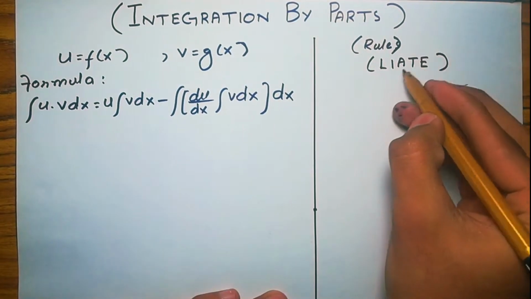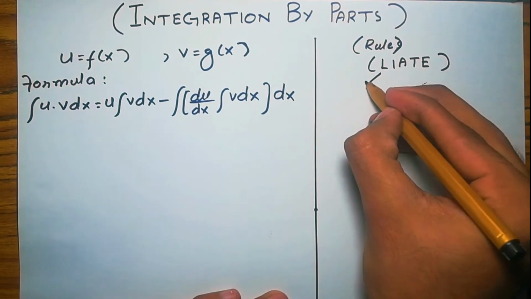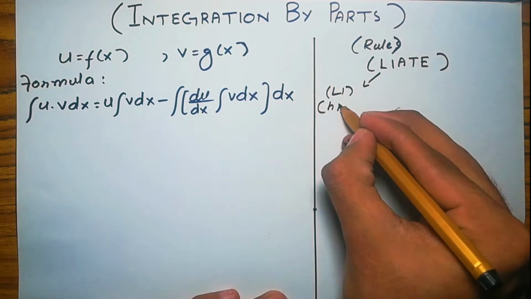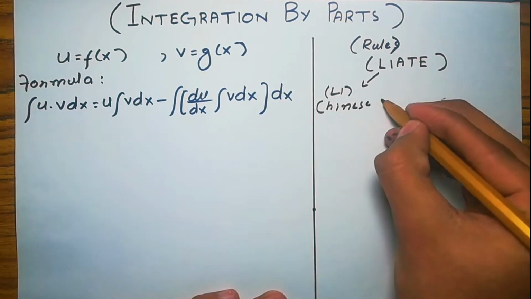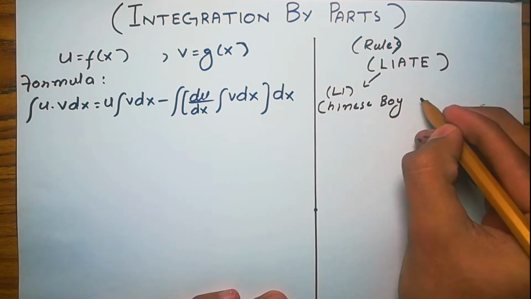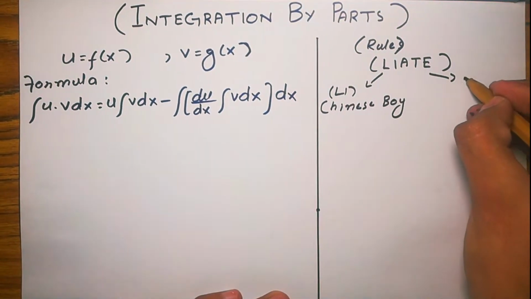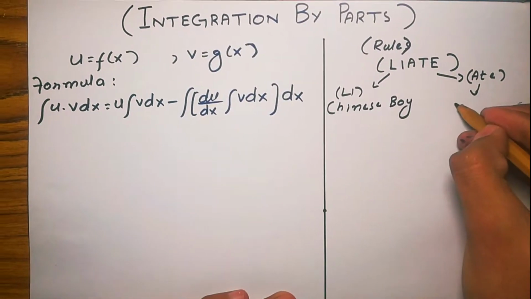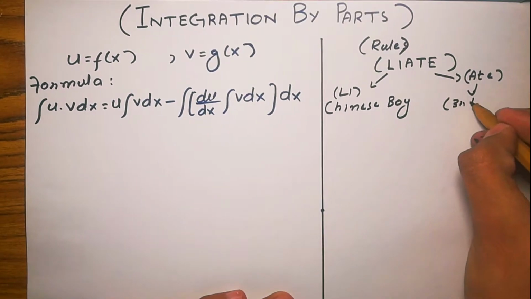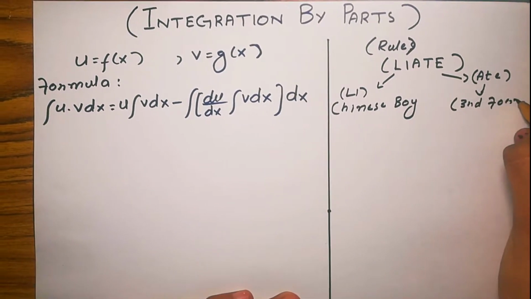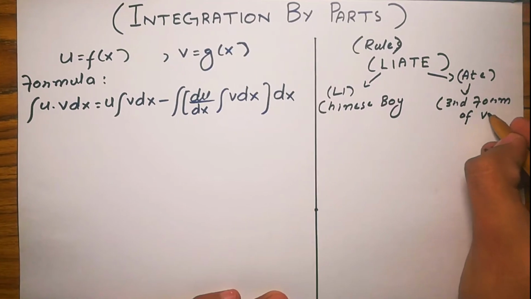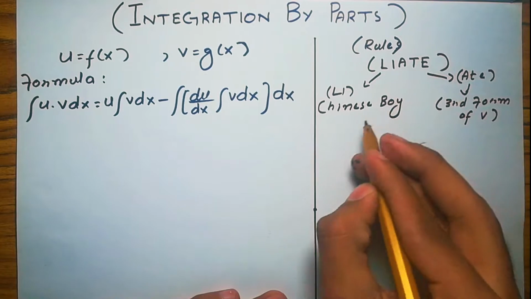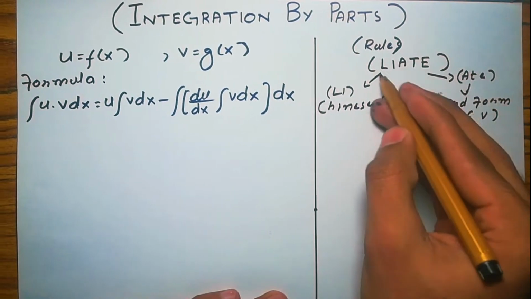To remember this rule, we can say that Lai is the name of a Chinese boy, and ate is basically the third form of the verb. So first of all, I'm going to tell you what this rule basically means.